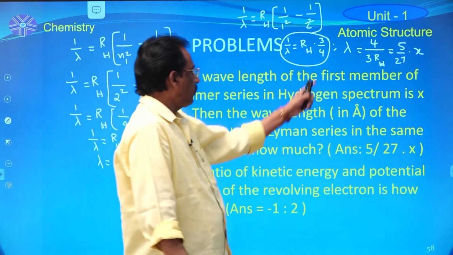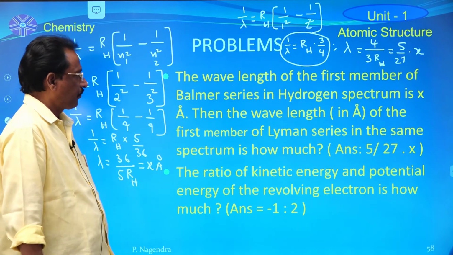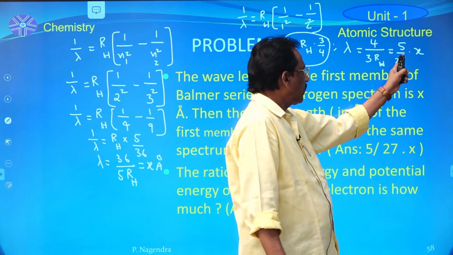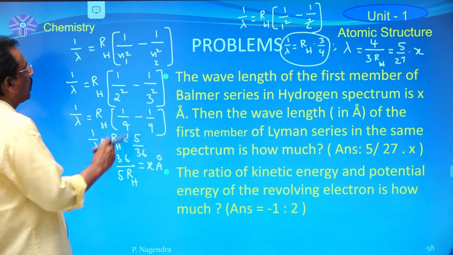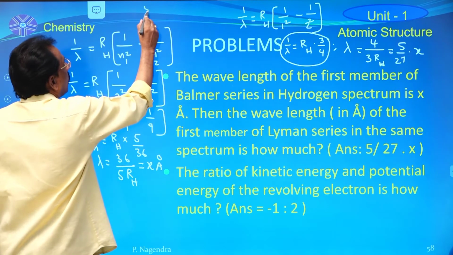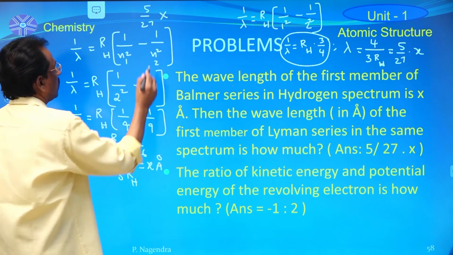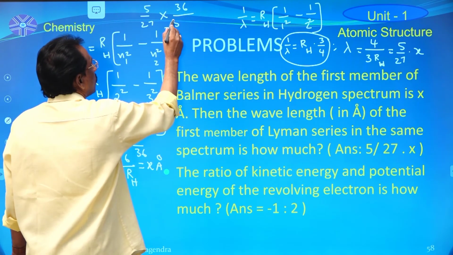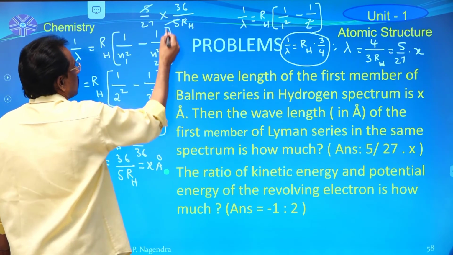If you convert this value in the form of X angstrom, this is nothing but 5 by 27 into X. X is nothing but 36 divided by 5 into RH, and the 5 and 5 cancel together.